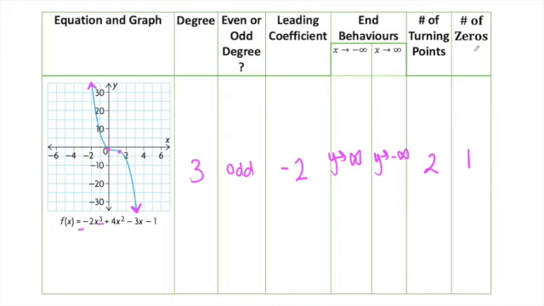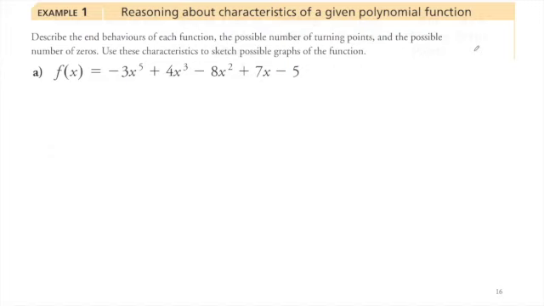Okay, so again, going off of that chart into writing back in your notes, we're going to look at a couple of examples like we just did for even degree. We're going to look at them for odd degree. So determine the end behaviors of each function, the possible number of turning points, and the possible number of zeros, and use the characteristics to sketch possible graphs of the function. So we have an odd degree here.